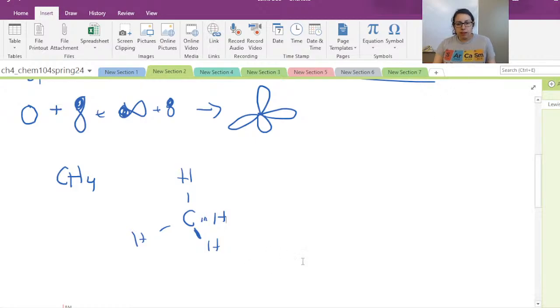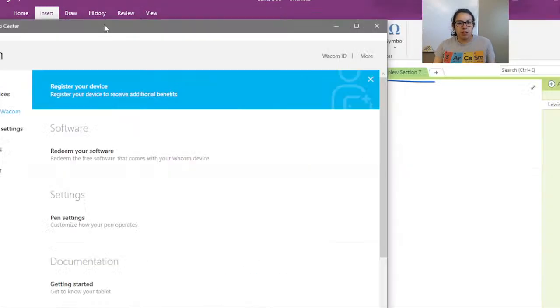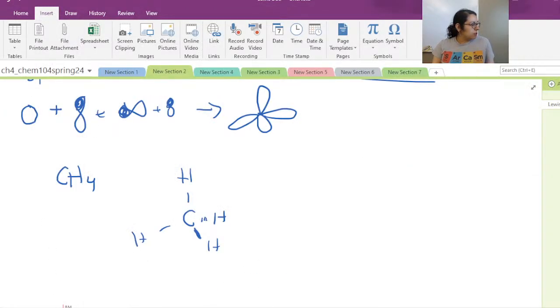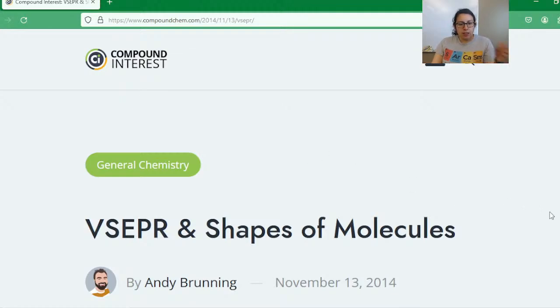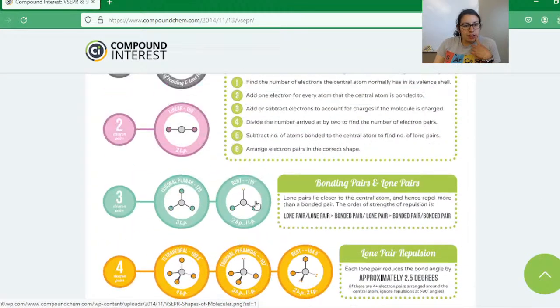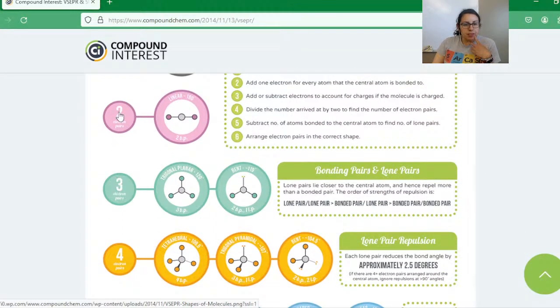Then we could look at our VSEPR chart and start to relate that. Sorry, let me get a digital copy. If we're looking at this chart, it has some numbers on the side.